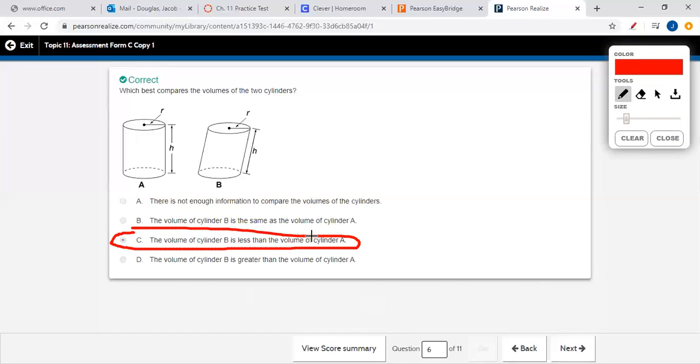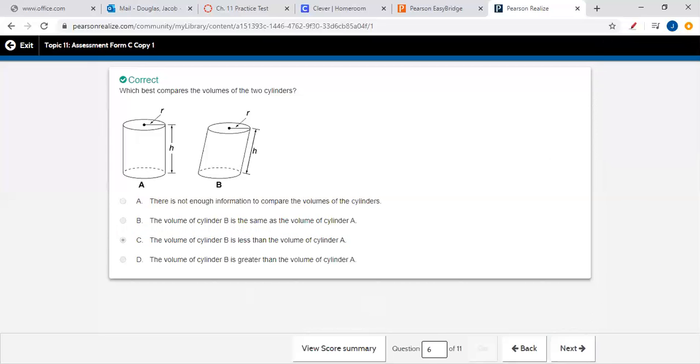We're not asked to calculate it, but we do know that they're not going to be the same. We should know just simply by looking at it that cylinder B is not going to be any bigger than shape A, so it has to be letter C. Once again, that goes back to Cavalieri's principle.